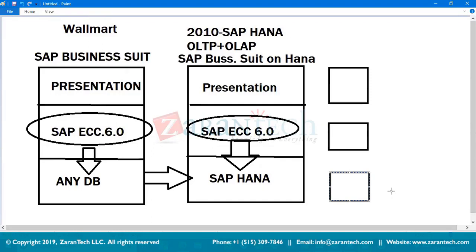Now, when Walmart approaches us, what deployment option are you giving me if I want to move to SAP S/4HANA? Walmart is very clear in stating that they now want to work with SAP S/4HANA.